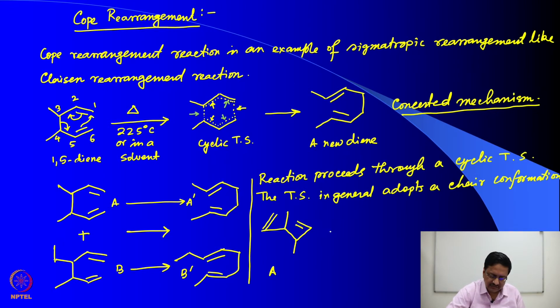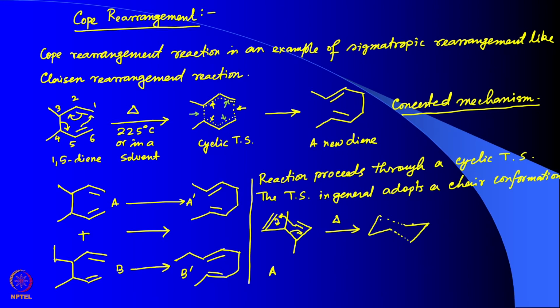So, when the reaction takes place at elevated temperature, this rearrangement takes place. As a result, what we have is like a chair conformation of a cyclohexane. The bonds which are breaking and the bonds which are in the process of making are written as dotted lines.